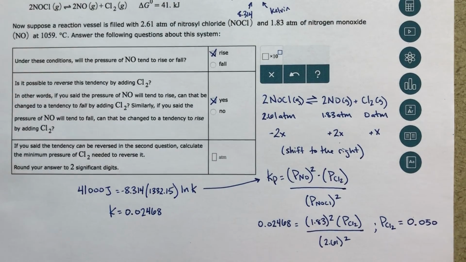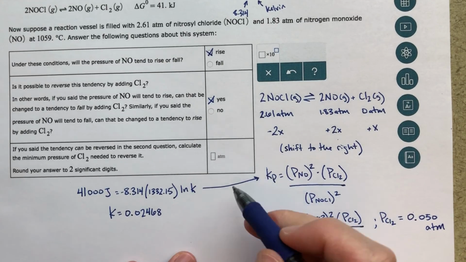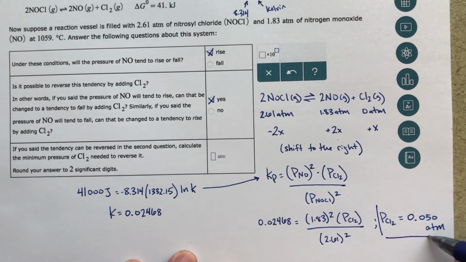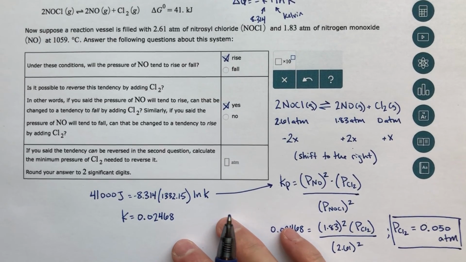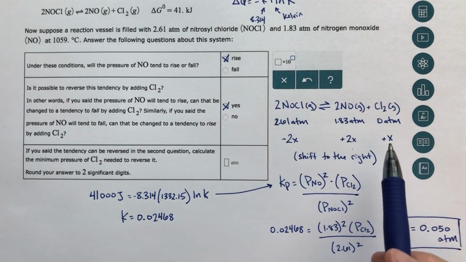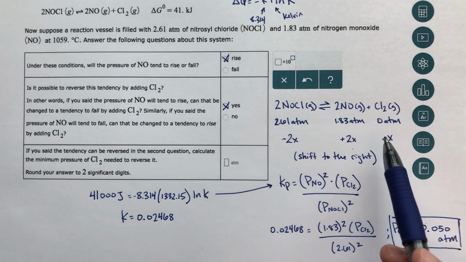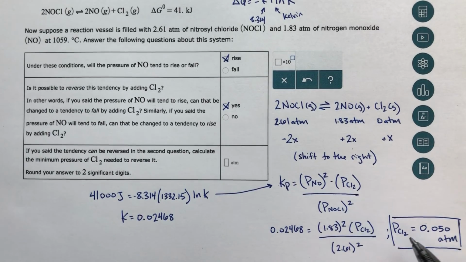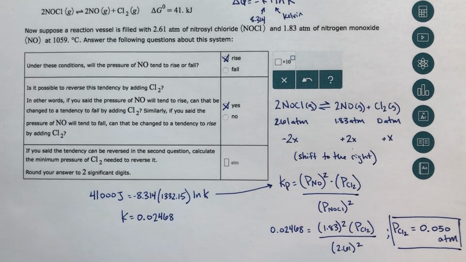Yep, 0.050 atmospheres. So that's the answer that I'm going to be plugging in here, because that's really that tipping point. From 0 up until this pressure, the reaction will shift to the right to get to equilibrium, but at this pressure we'll be at equilibrium, and if I put in more than this, then I'm going to be shifting back to the left. That's going to reverse this process that we're talking about.